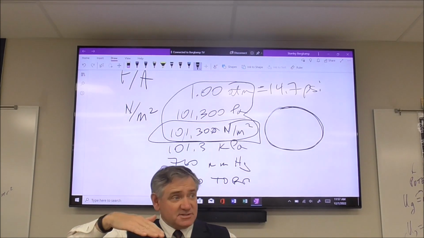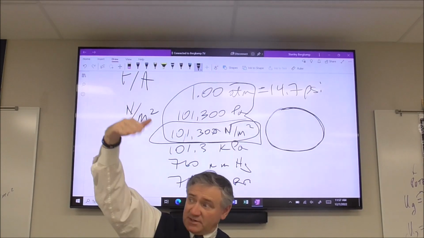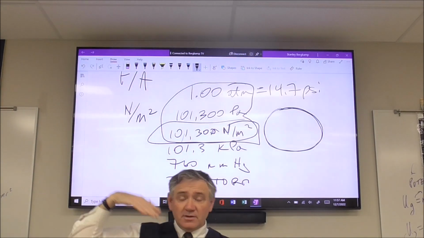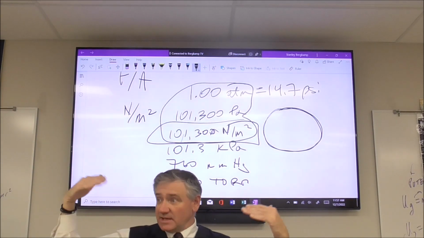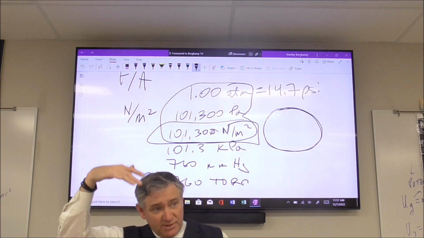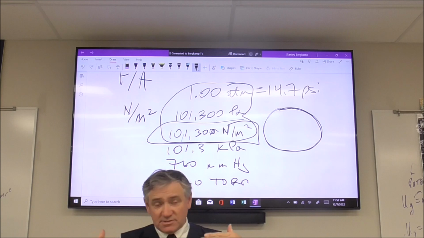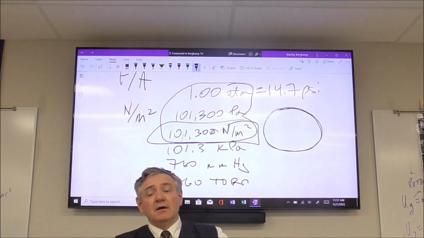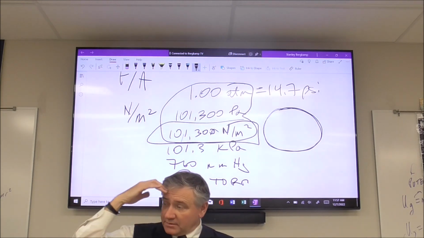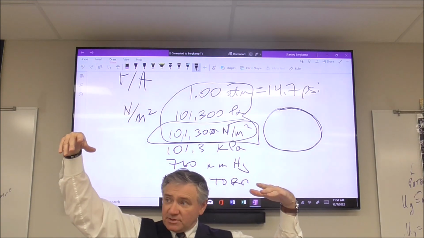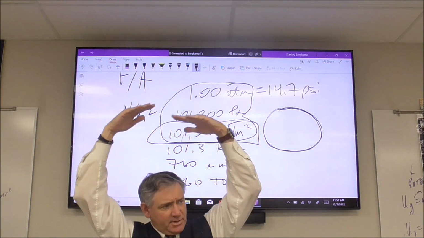Now, that changes, obviously, if you've ever driven up into the mountains, or flown in an airplane. Your ears sense that change in pressure. Or if you dive to the bottom of a swimming pool, you can sense that change in pressure. So the pressure isn't a constant, but it changes depending upon your altitude. As you go higher up, there's less pressure because it's almost like a cheerleading pyramid.